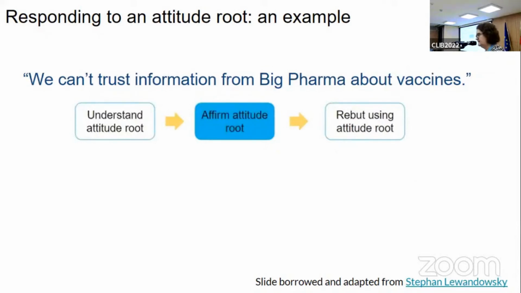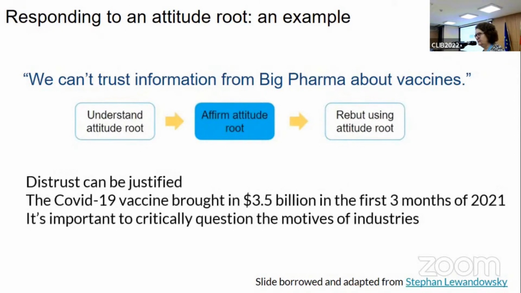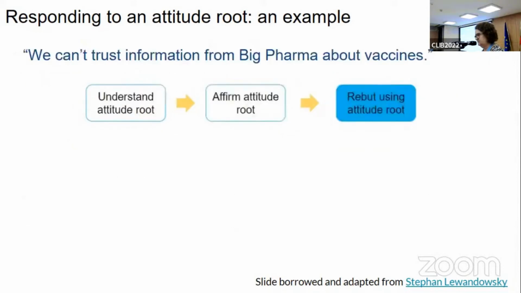So the distrust can also be justified by facts. For example, the COVID-19 vaccine indeed brought a huge income, 3.5 billion in the first 3 months of 2021. And so it's quite important to critically question the motives of the industry. So this fear is valid.